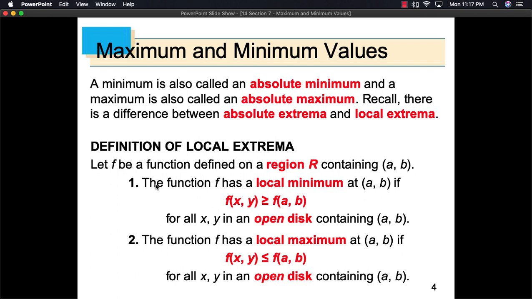And again, remember, it's an open disk. All that means is that around the point (a, b), it's open, which means there is a complete neighborhood that surrounds it. Whereas an absolute extremum can mean either similar to a local one or on the border of the region.